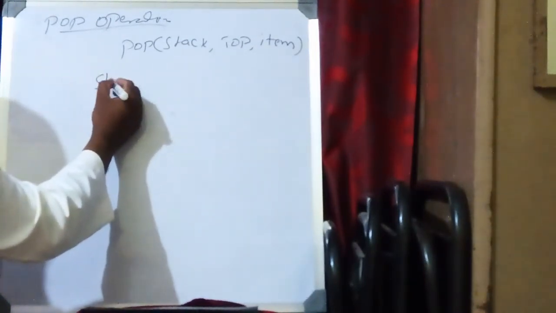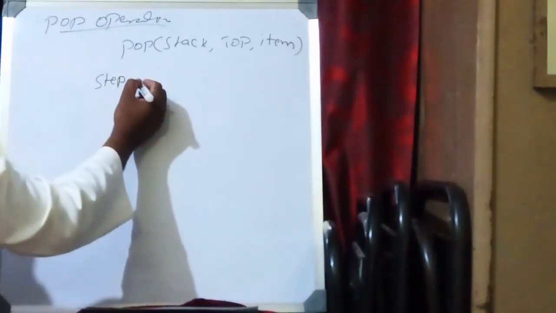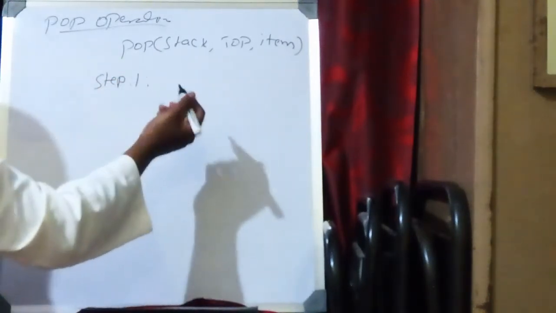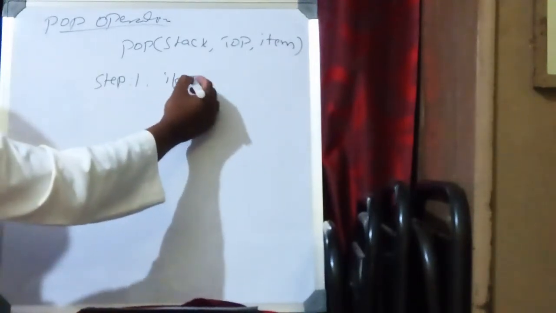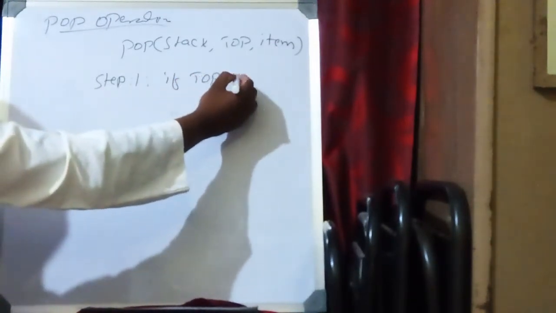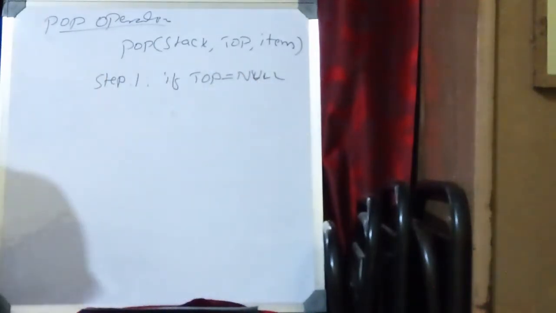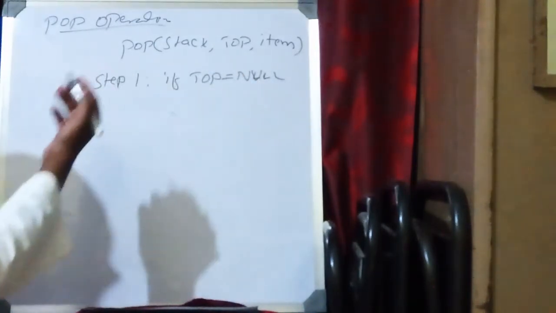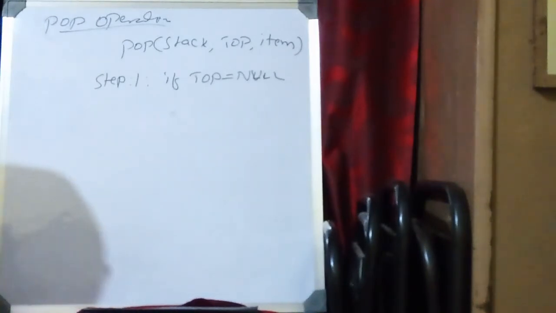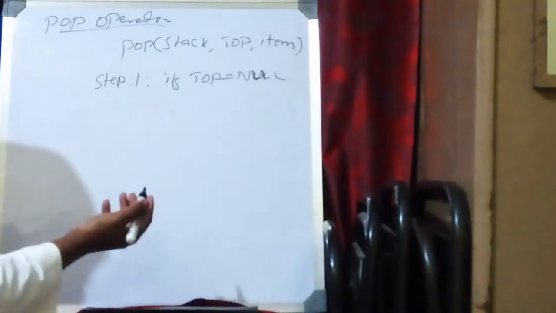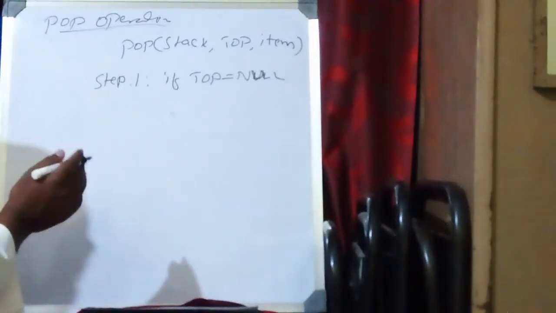Now, step 1. What is step 1? Same thing. We are checking if top is equal to null. Top is equal to null means the stack is empty. We already know null indicates the stack is empty, no elements are added.